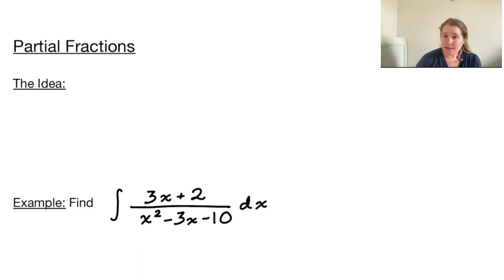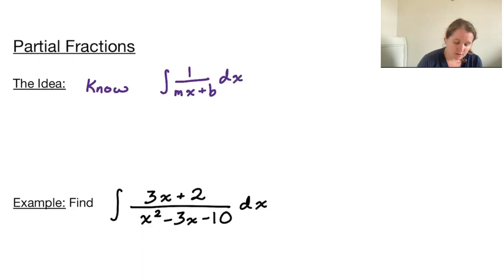Welcome to Partial Fractions, another of your integration review videos. So the idea here is we know that if we have an integral of, say, 1 over a linear term, mx plus b dx, we can take this integral.